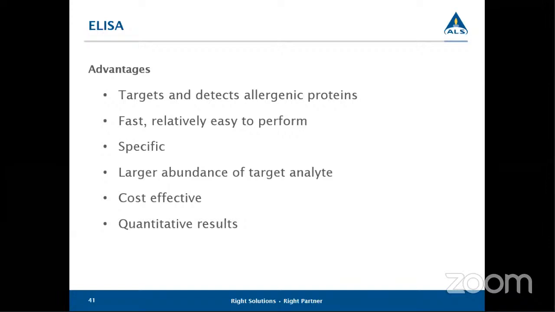It's also fast and relatively easy to perform, potentially not easy enough to do in the plant, but fairly quick in the laboratory. And most laboratories have equipment capable of doing it, so it's not a rare thing to find in a laboratory. It's also highly specific, the antibodies that are used.